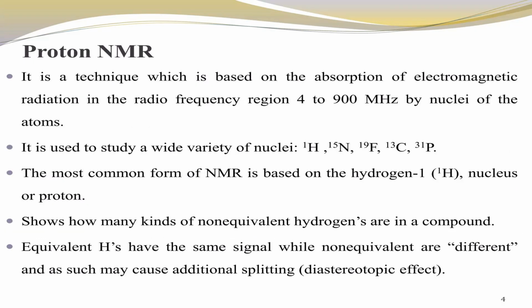So here we will see the proton NMR. It's a type of NMR which we frequently use, and I have selected this topic. It is a technique based on the absorption of electromagnetic radiation, in the frequency range of 4 to 900 megahertz, by the nuclei of the atom.